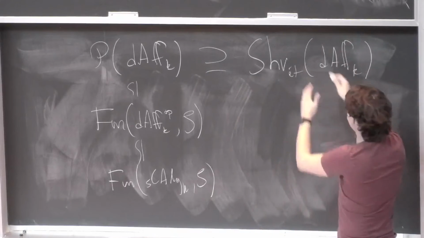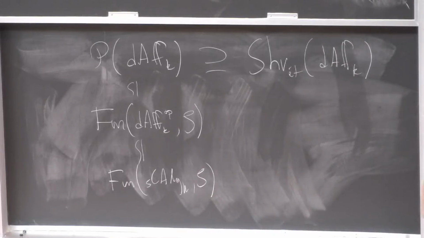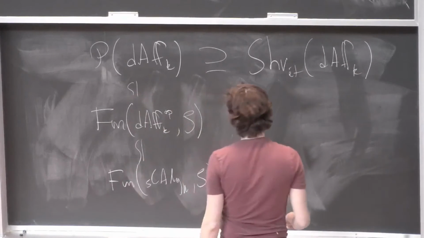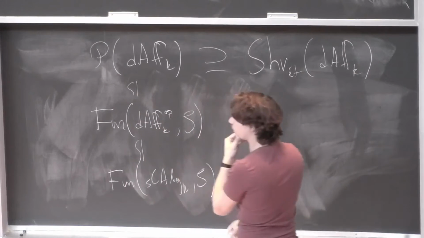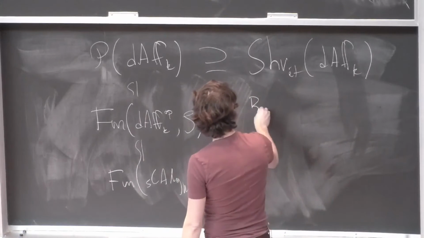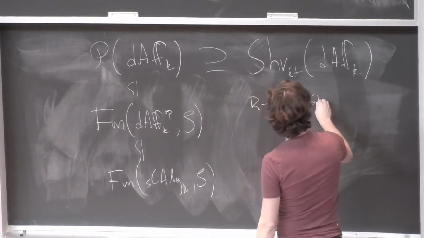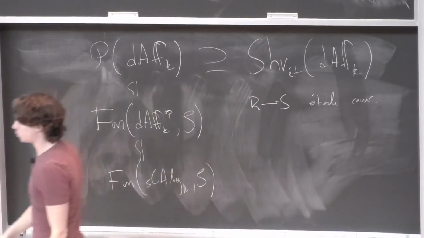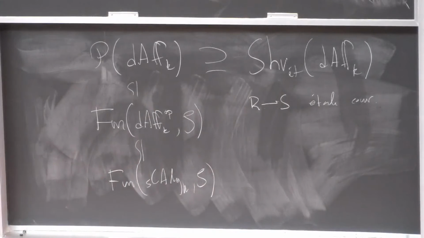which is going to be the real home for everything that we do. The basic defining property of one of these étale sheaves is that if R to S is an étale cover, because Spec R is quasi-compact, I can always refine any big cover to an actual map of affines.